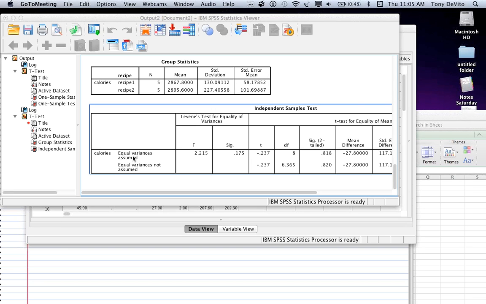In other words, for equal variances assumed, you calculated a pooled variance, then you multiplied that by the square root of 1 over the sample size for each one of the groups. Okay, because sample size had an impact on it, right? So the calculation of the standard error was a little bit more complicated than before because you have the advantages of pooling the two variances into a single group.